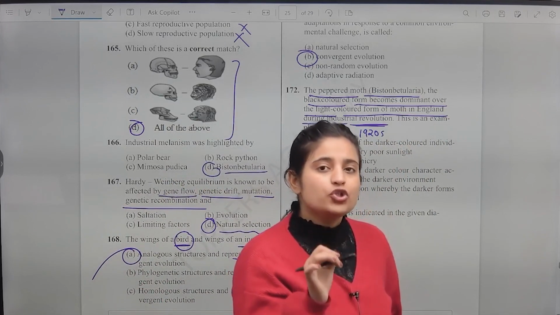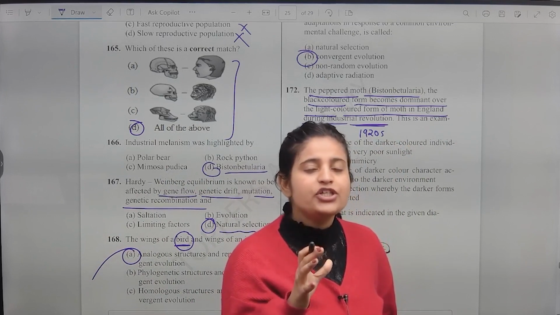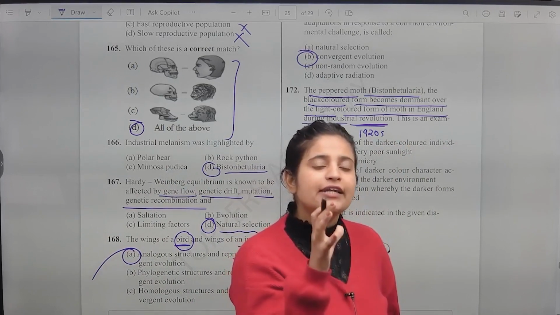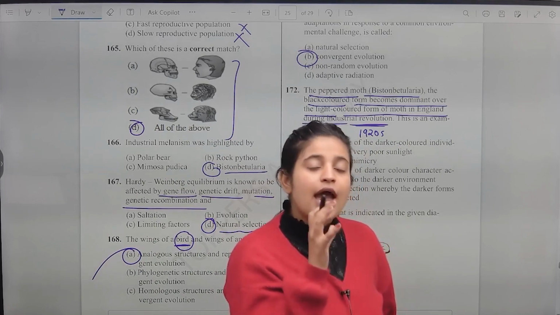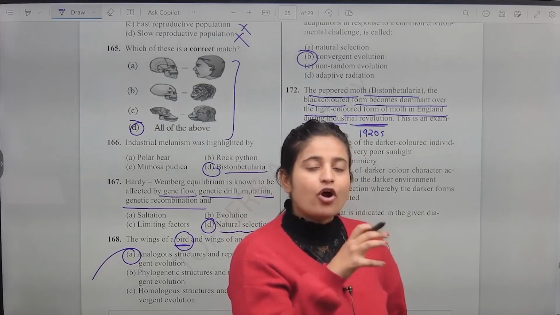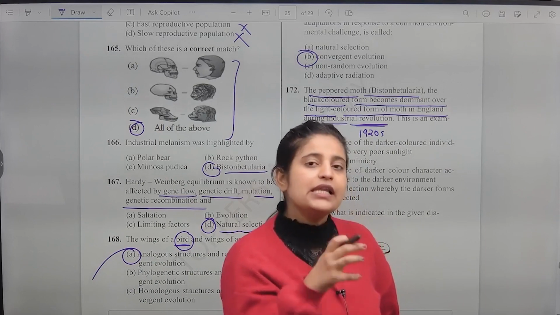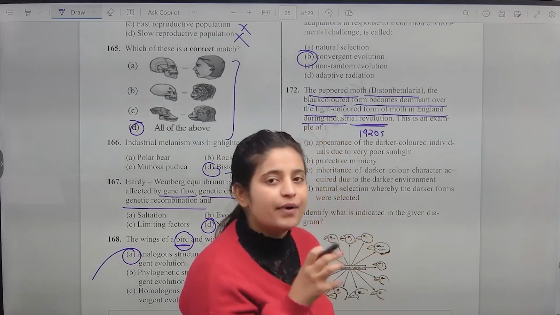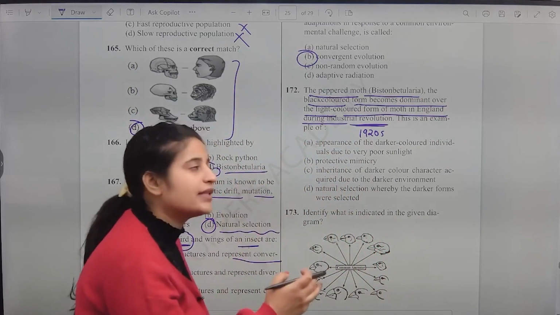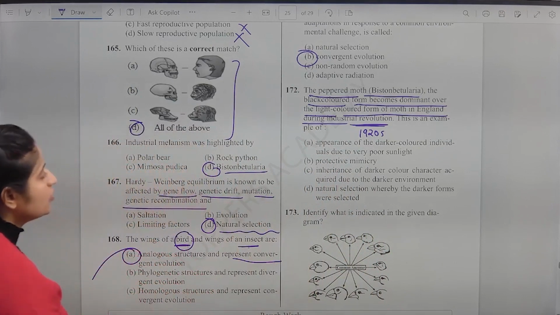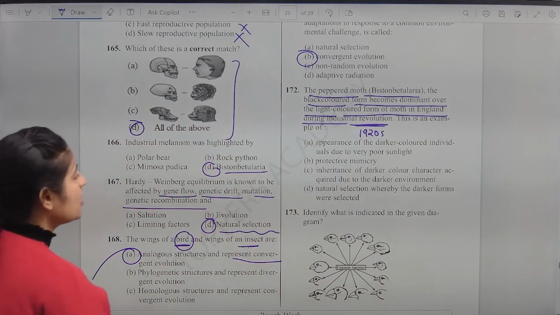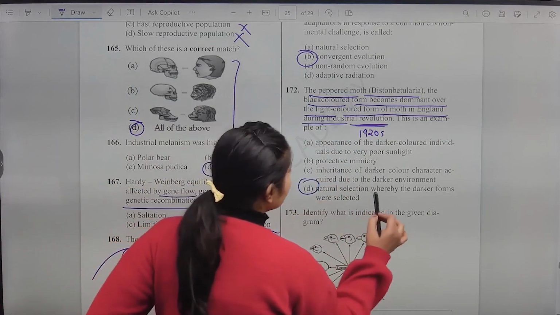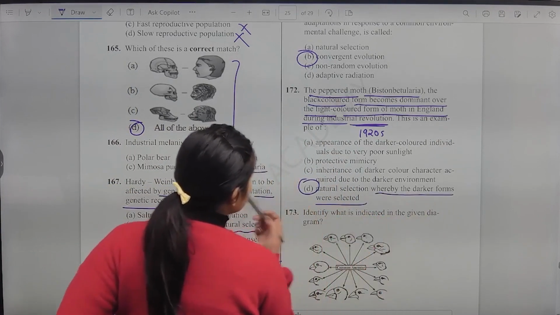Because of pollution, there was a deposition of carbon over the tree bark, which hid the black moths, and the white or grayish moths were easily spotted by the birds. That's why they did not survive at that time. This is natural selection, whereby the darker forms were selected.